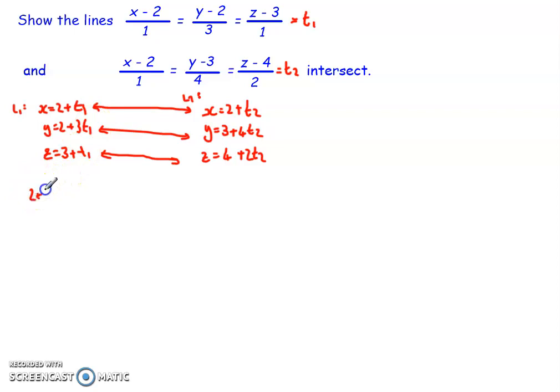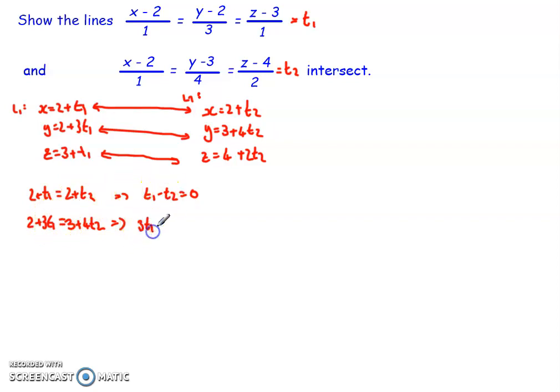So I'd have 2 plus t1 equals 2 plus t2. Solve that, shift it across. What I'd end up getting is t1 minus t2 is equal to 0. Second one, I'd have 2 plus 3t1 equals 3 plus 4t2. Again, same idea, shift it all onto one side for the t variables, all the numbers onto the other.